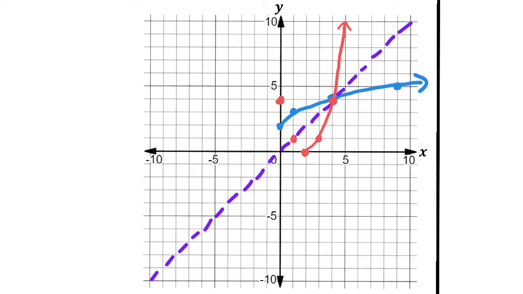So I don't want to delete the right half. Okay, what if I delete the left? Is that a better reflection? Is the red a good reflection of the blue? Yes. So that's what I'm going to delete, actually.